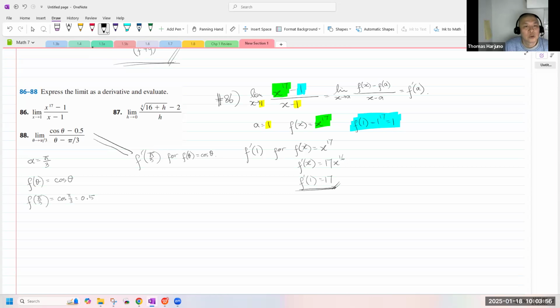So f prime theta equals negative sine theta, and f prime pi over 3 is negative sine pi over 3, which is negative radical 3 over 2, which I do expect you to memorize.